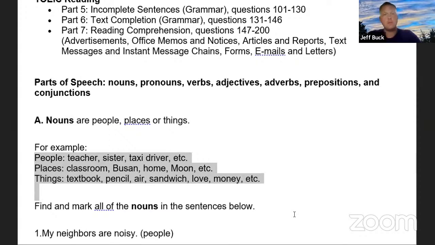People: teacher, sister, taxi driver, coach, friend, mother, etc. Places: classroom, Busan, home, the moon, the store, bedroom, etc. And things: textbook, pencil, air, sandwich, love, money, bear, candy, etc.